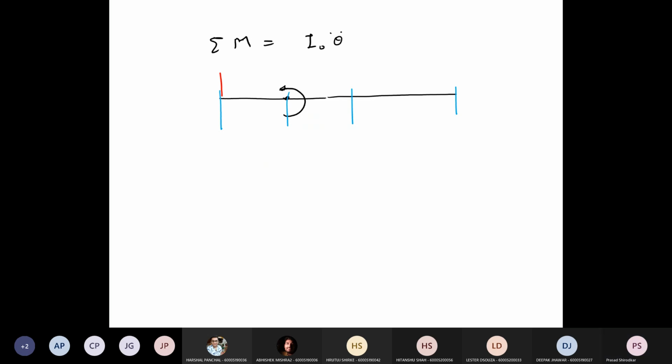Forces are, this is Cx dot, and this is Kx1. This is L by 4. This is also, and this is L by 2. And this is theta dot.